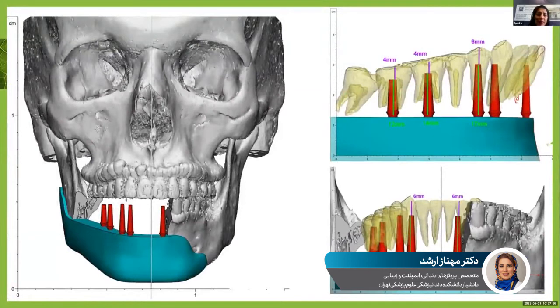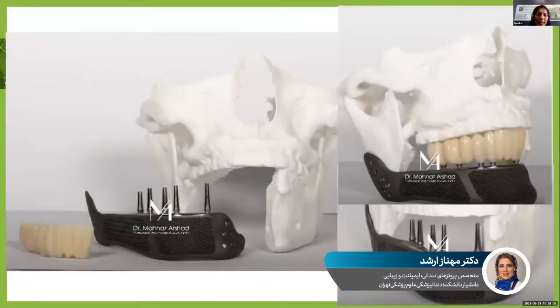We design the abutments up to the teeth that he had in his mouth. After that, we printed the abutment and made the temporary crown before he went to surgery.